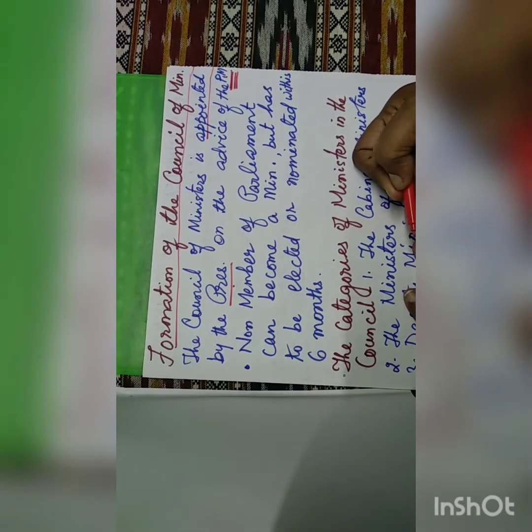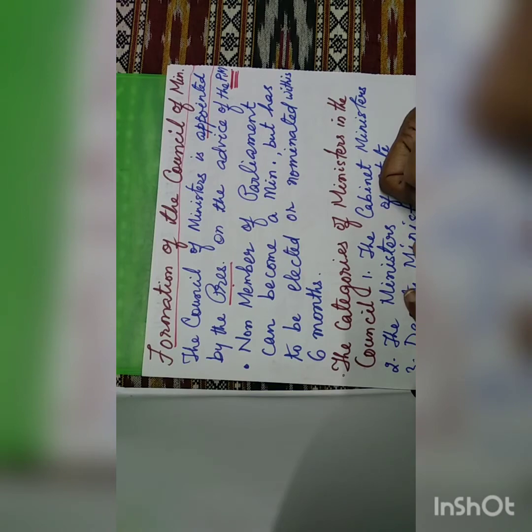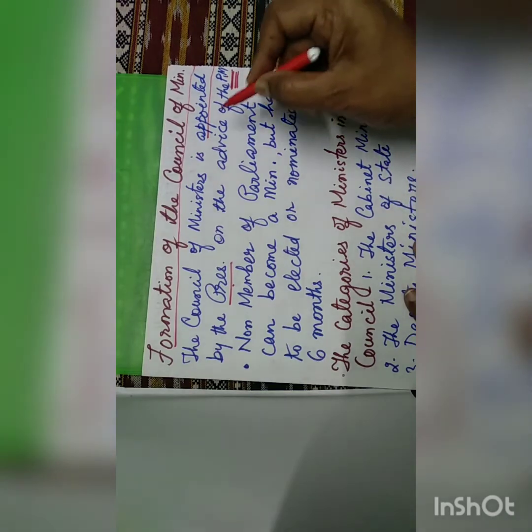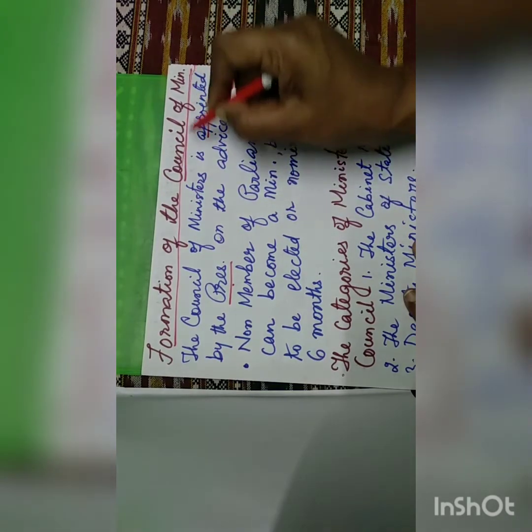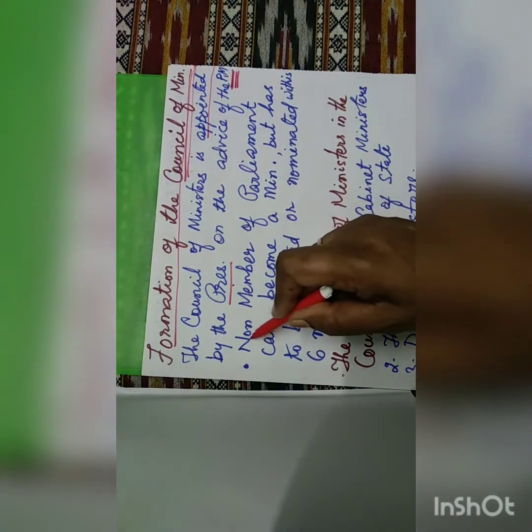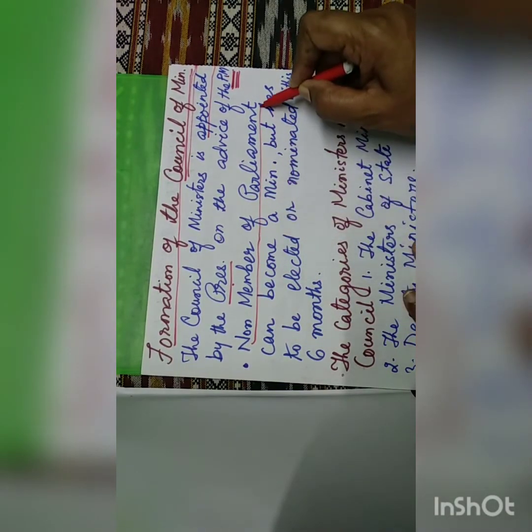Besides the members who are elected in the general election to Lok Sabha, a few members of Rajya Sabha can be appointed as ministers called the Council of Ministers. Besides this, a non-member of parliament can also become a minister in the council. Who is a non-member? A member of the leading party who lost the election but is a renowned member.